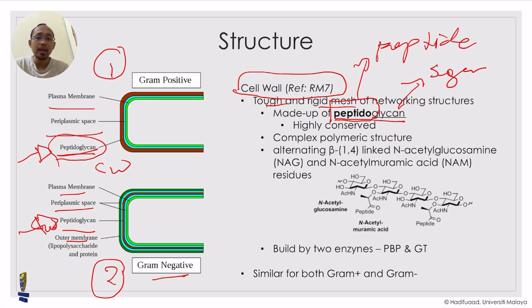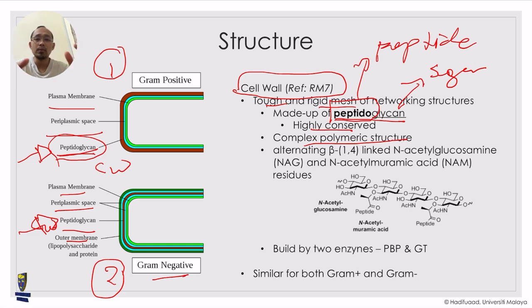Okay, and cell walls are generally highly conserved, regardless of what type of bacteria it is, whether it's gram positive or negative. So it's conserved in the sense that the building block of the cell wall is more or less the same. And it is also a very polymeric structure. Normally when we think about a polymer, especially in your polymer class, we think of a straight chain.